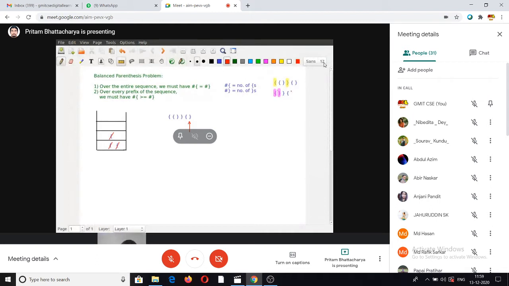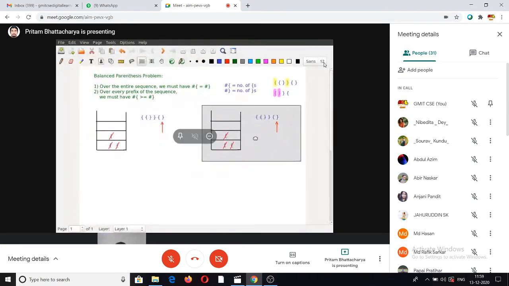Now let's also run it on the other sequence, that is the invalid one, and let's see what happens here. So let's run it on the other case.